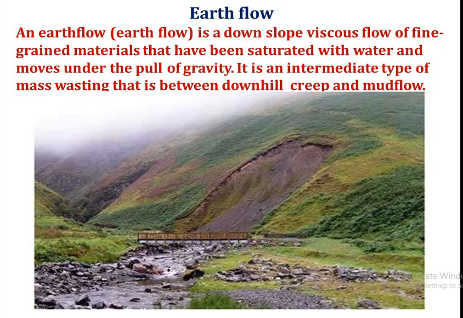That is called earth flow. It is an intermediate type of mass wasting between downhill creep and mud flow. Mud flow और creep के intermediate टाइप का ये मास वास्टिंग है.